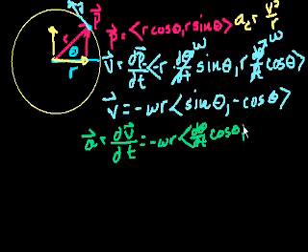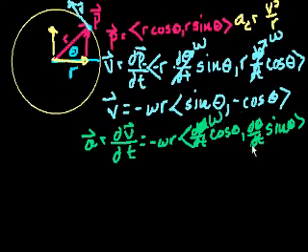And then on the y side, what's the derivative of theta with respect to time? Well, that's going to just be omega. And then what's the derivative of minus cosine theta with respect to theta? Well, that's sine theta. And once again, this is w, and this is w.